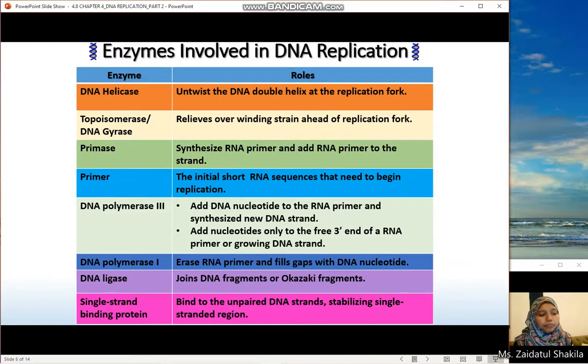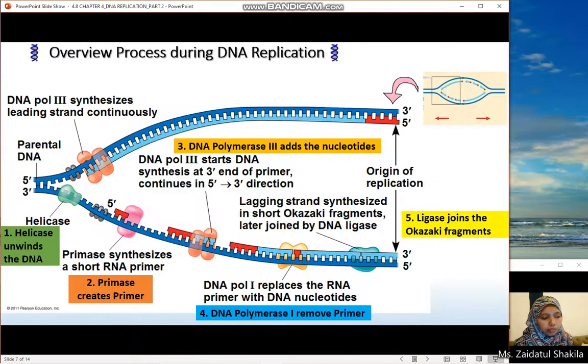As I said earlier, these are some important enzymes involved in the DNA replication process. You need to remember all those enzymes. For example, helicase untwists the DNA double helix at the replication fork, topoisomerase relieves overwinding of DNA ahead of the replication fork, and so on.